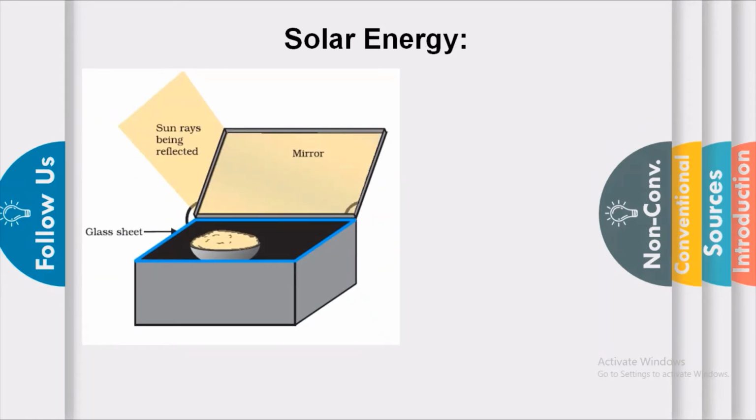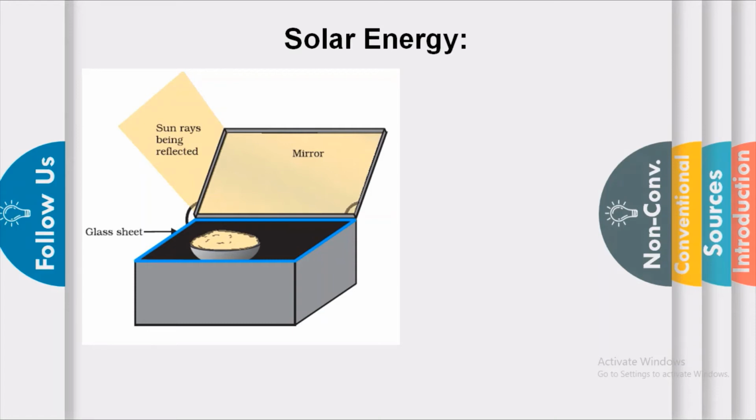A solar cooker is a box, as you can see on the slide, which is painted black so as to absorb the heat. It has a glass sheet at the top, and there is an outer layer which consists of a mirror.